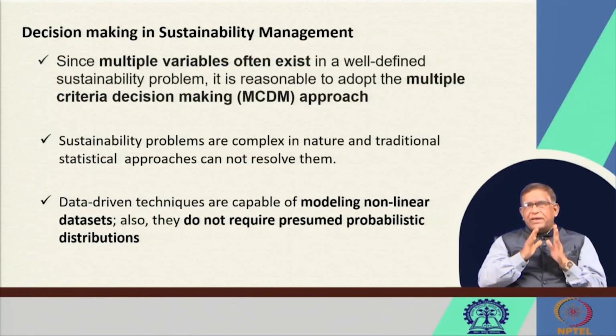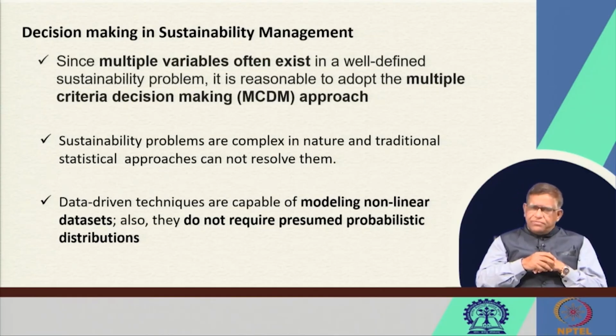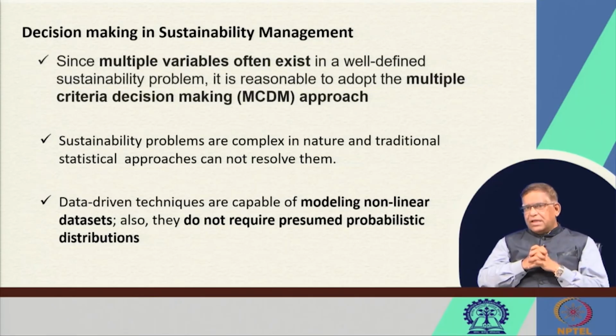So decision making in sustainability management is often a multivariable task. Multi-criteria decision making is an approach that is used everywhere and is very common. Sustainability problems are also complex in nature, and traditional statistical approaches cannot resolve them.